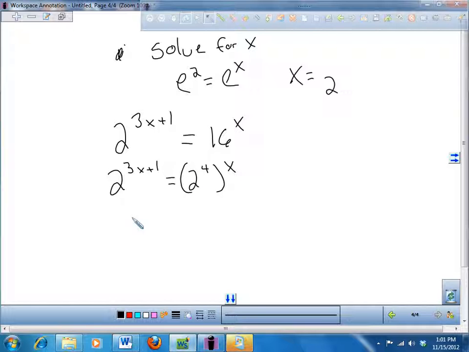And now using my rules of exponents, I can write this as 2 to the 3x plus 1 equals 2 to the 4x. So 3x plus 1 must be equal to 4x. And then you solve that, and you would get that x equals 1.